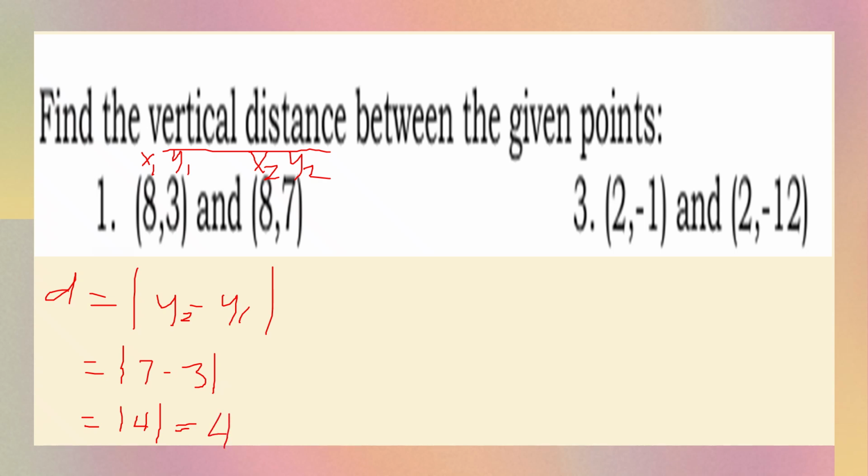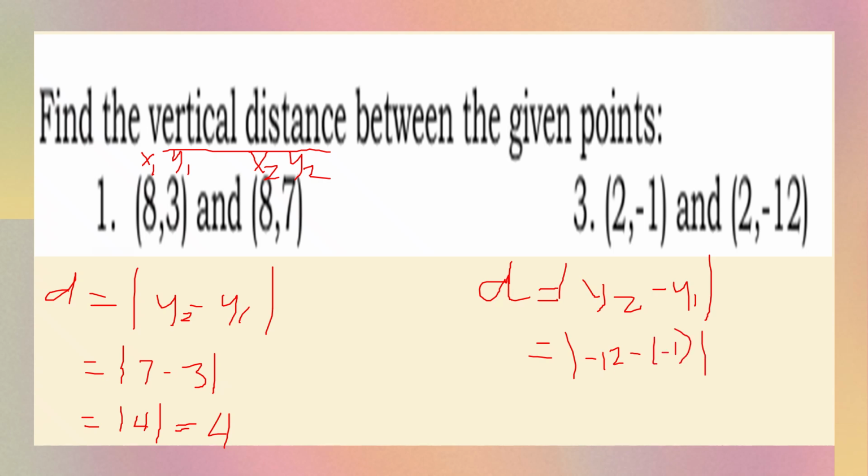Next, same here. D is equal to, that's the distance, the absolute value of y2 minus y1. Okay, so we have the absolute value of negative 12 minus negative 1.